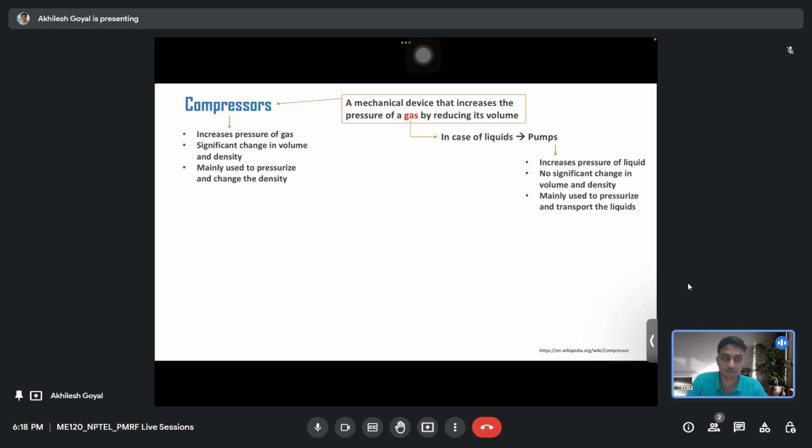They increase the pressure of the liquid, there is no significant change in volume and density, and they are mainly used to pressurize the liquid and transport it. But compressors are used for gases, with significant changes in volume and density, and they are mainly used to pressurize the gas and change its density. So these are the main differences between compressors and pumps: pumps for liquids and compressors for gases.